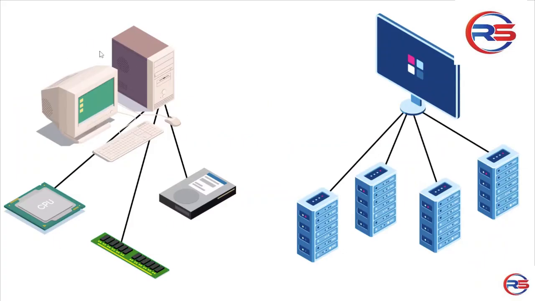This is my system right now without a hypervisor. I have a CPU, I have RAM, I have a hard disk, and this is one operating system I'm using right now. But if I have a hypervisor, now I have different virtual machines and I can run different kinds of operating systems in one machine. For example, if I have a Windows laptop, but I want to use the Mac operating system, how can we do that?